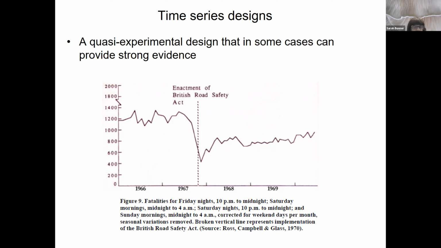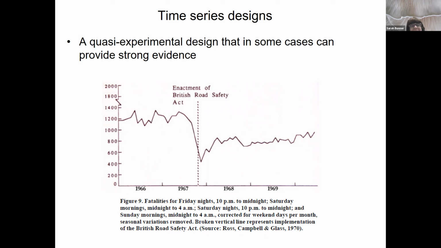And they made some corrections for weather or seasonal variations on the grounds that, I guess, in the winter, there might be more fatalities due to snow. I don't know. So what you see is an abrupt drop in fatalities when the British Road Safety Act was implemented.